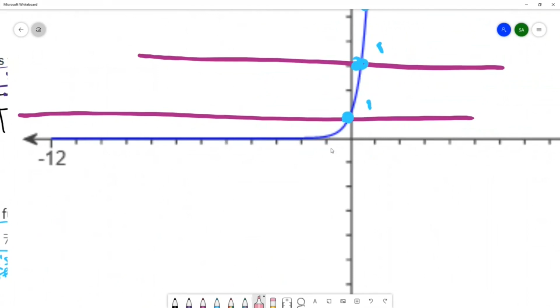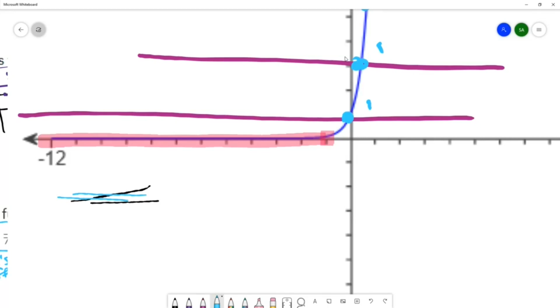There's always going to be a little bit of a gap in between this line and the x-axis. Even though we can't see it, if we were able to zoom into this, there would always be a little separation between the line and our graph. And so what's happening to the graph is it gets closer and closer. It never reaches it. So when we do the horizontal line test here, we're only crossing in one place.